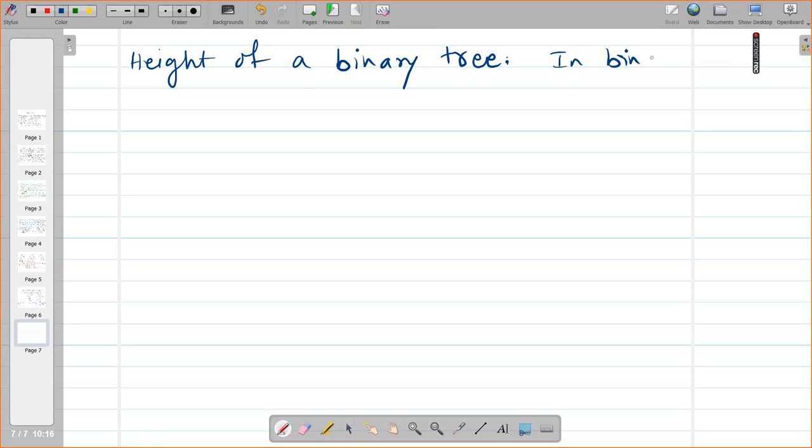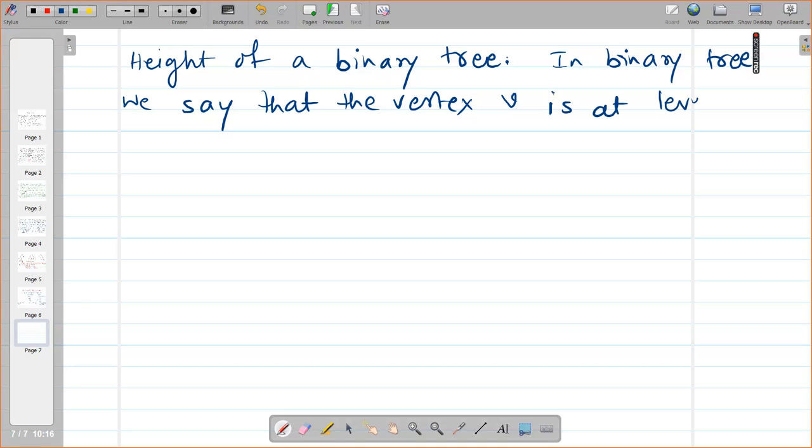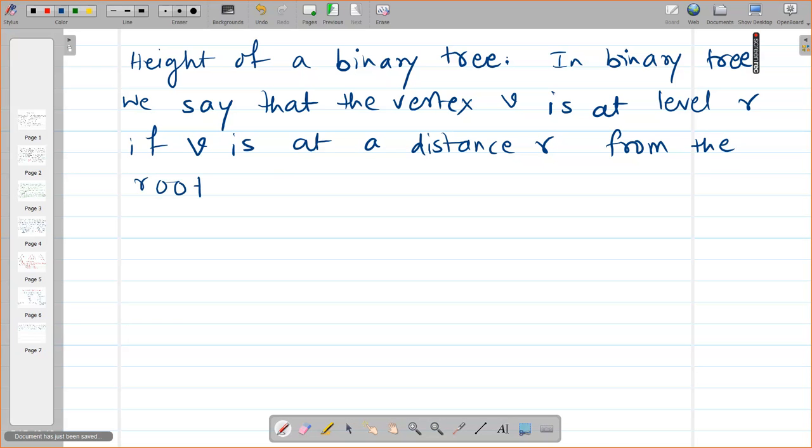In a binary tree, we say that the vertex V is at level R if V is at a distance R from the root. And of course, in particular, the root itself is at level 0.